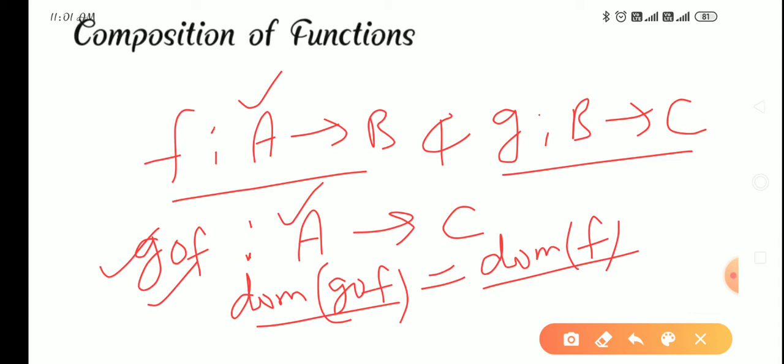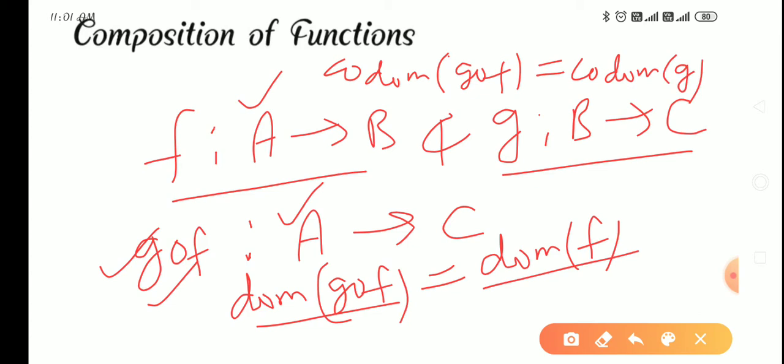In the same way, codomain of gof is equal to codomain of g. You can see codomain of gof is C and codomain of g is also C.